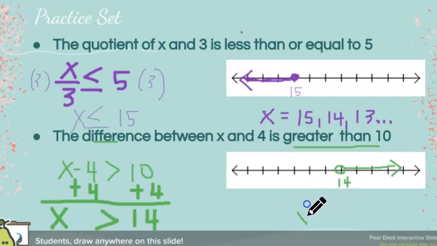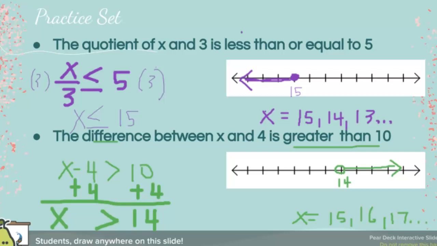And then if you want to know what are the possible solutions, 14 is not a possible solution because it should be greater than 14. So the first possible answer is 15, 16, 17, and so on. Okay, there you go. Question on this one?